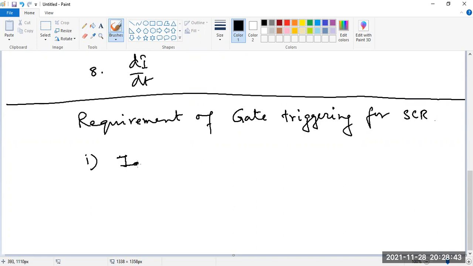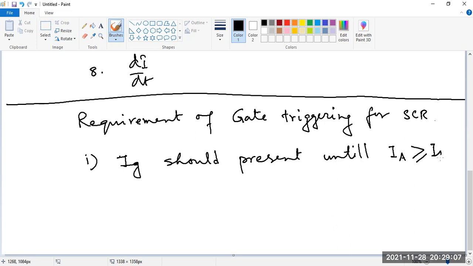So that means we should not withdraw the IG before that. So the IG should be present until the device current or the anode current is more than the latching current.